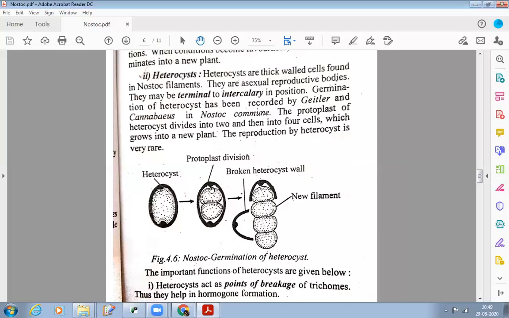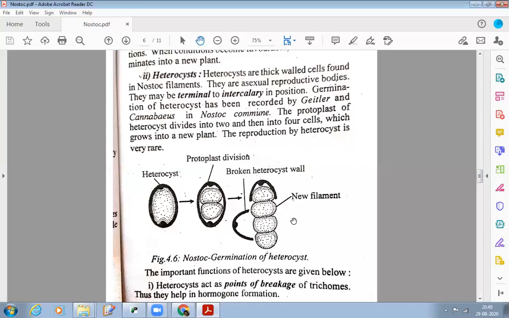Here the protoplast has undergone karyokinesis followed by cytokinesis. Next it is a two-celled condition, and further division results in the formation of four cells. The heterocyst is surrounded by a thick wall, a common wall.